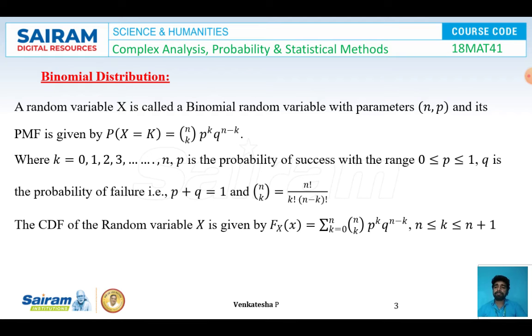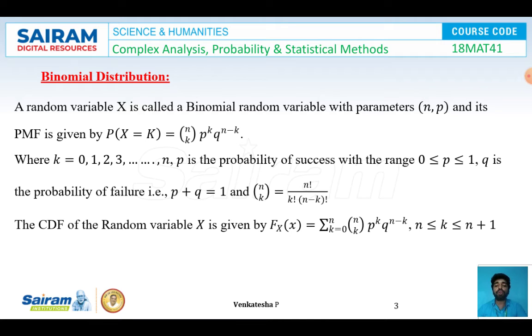Binomial distribution. A random variable x is called a binomial random variable with parameters n, p, and its probability mass function is given by P(X = k) = nCk p^k q^(n-k), where the range of k is 0, 1, 2, 3 and so on till n, and p is the probability of success, with the range of p being 0 ≤ p ≤ 1, and q is the probability of failure, that is p + q = 1.